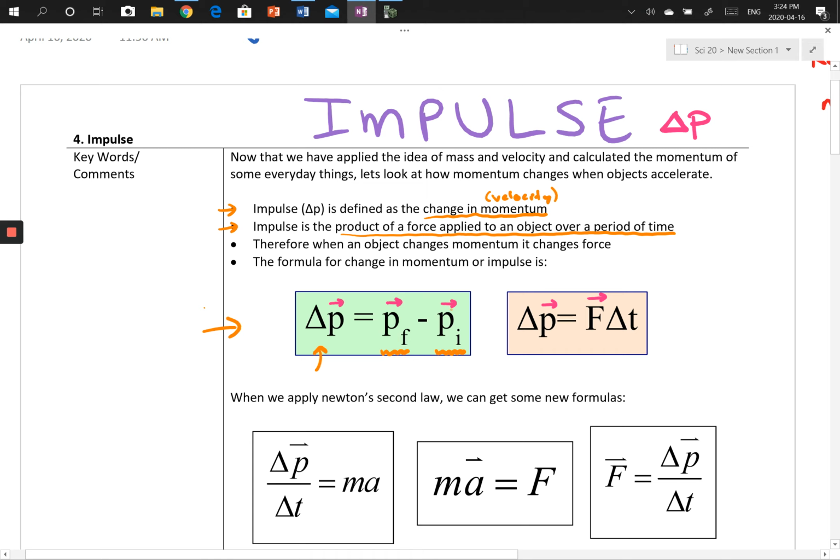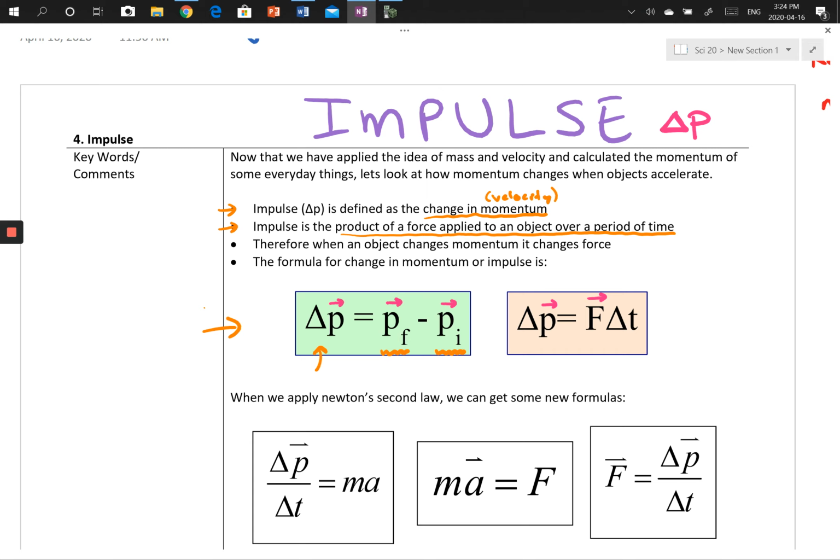Now you guys notice I've added my little arrows into these formulas. That's because momentum, like force and acceleration, is a vector quantity. That means that it's going to have a direction associated with it. And usually for us, that direction is just going to be forwards or backwards. We use positive numbers for forwards, and we'll use negative for backwards.